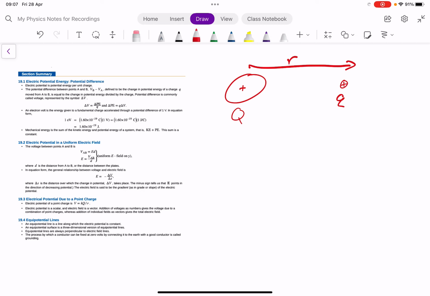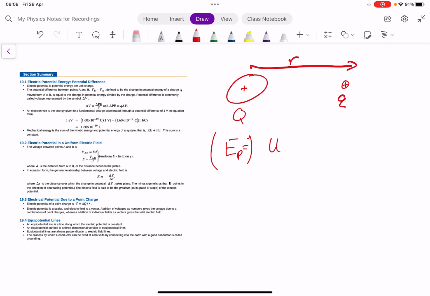The potential energy, you could call it EP, but more commonly you'll see it written as U. That can be a little bit confusing because we do use U as internal energy as well. There is a reason why they are related, but try and think of these as a bit of a separate idea. It's just an electric potential energy. We use the same equation idea as before.